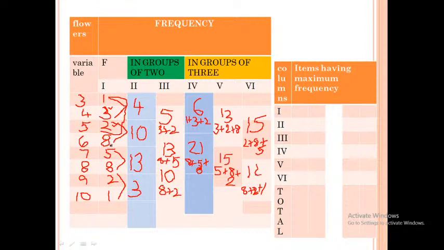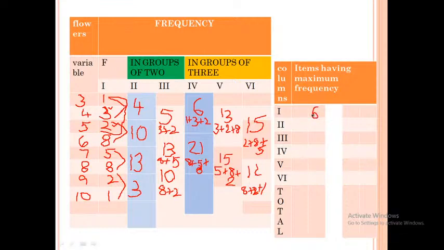The items with maximum frequency 8 are for 6: the variable 6 has a maximum frequency of 8, and also the variable 8 has the maximum frequency. So you can write here 6 in column 1. The maximum frequency is 8, and it is for the variable 6. So you have to write here 6.